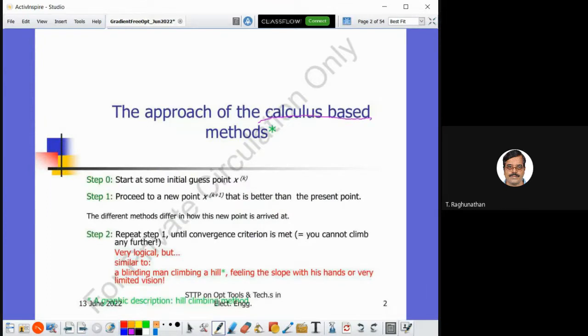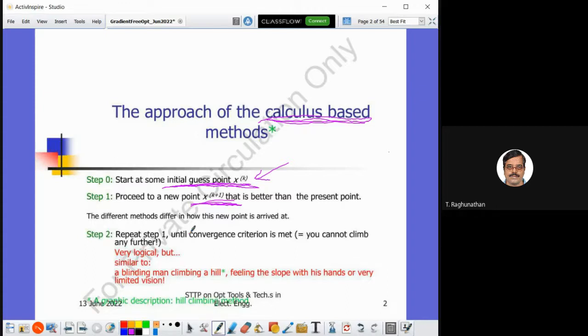The gradient based methods have many names. Gradient is a concept that comes from calculus, so it's also known as calculus based methods. What we did in that, if you remember, is we always have to guess one initial point, x0. Then we have to move to x1 that is better than the present point in terms of the function value.